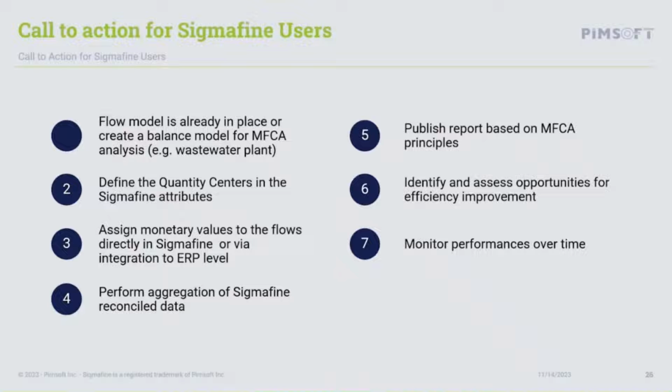Data can be shared via reports. By analyzing data over time and combining not only reconciled values, but also SigmaFine data quality indicators, users can identify opportunities for improvement in their process and monitor performance over time.